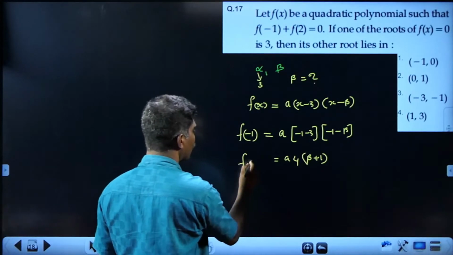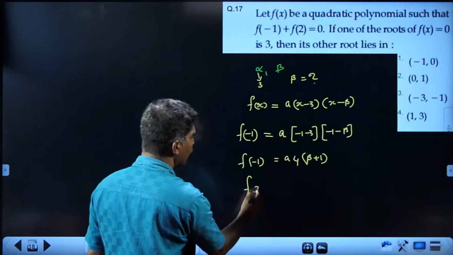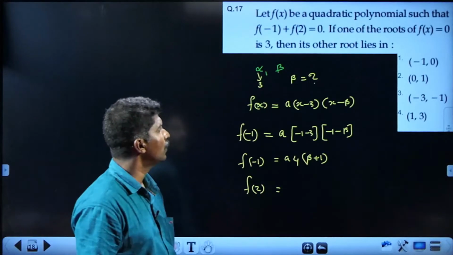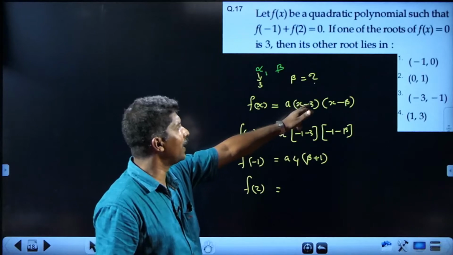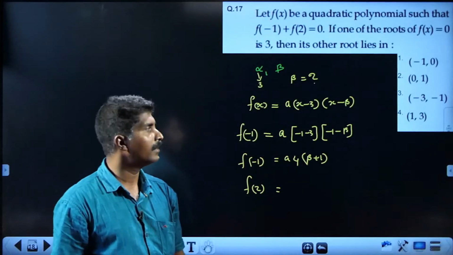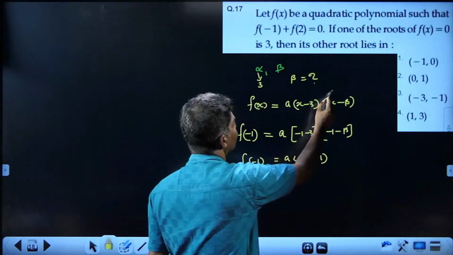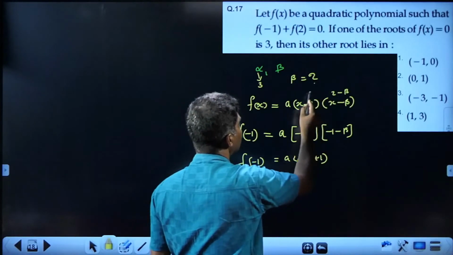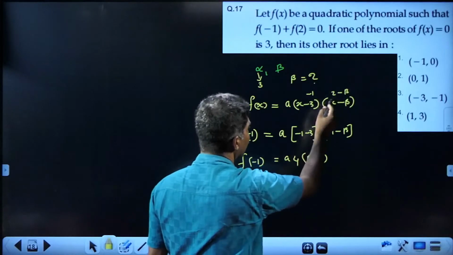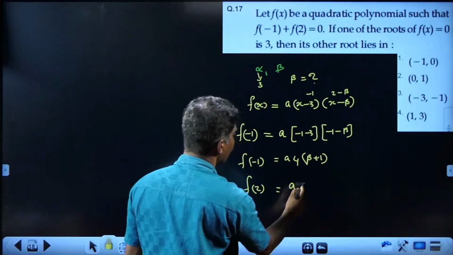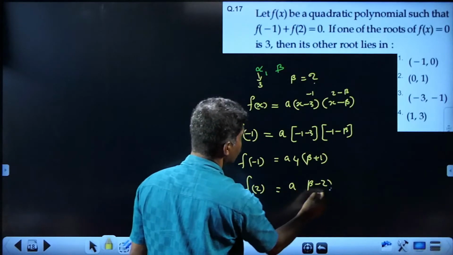That is our f of negative 1. Now we will calculate f of 2. 2 minus 3 is negative 1, and 2 minus beta, and here it is negative 1. So I can write a into (beta minus 2).